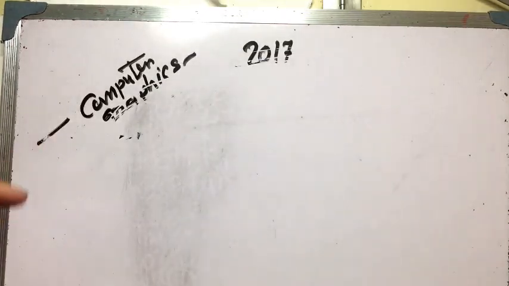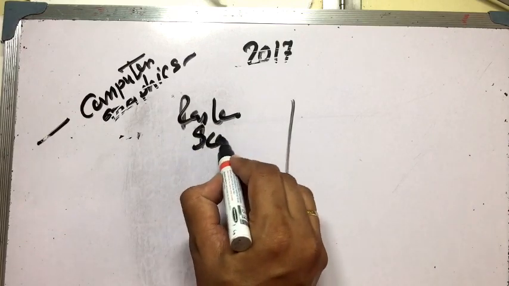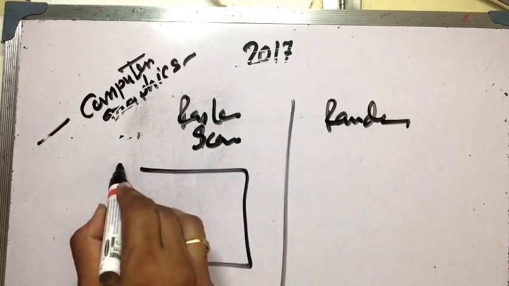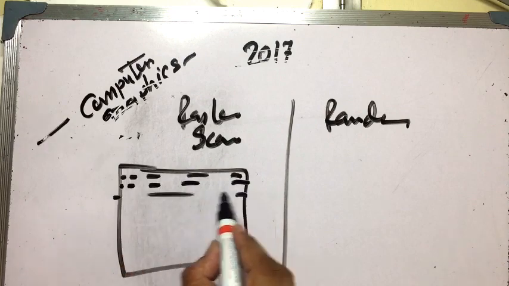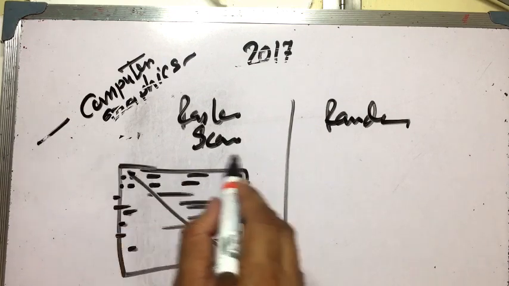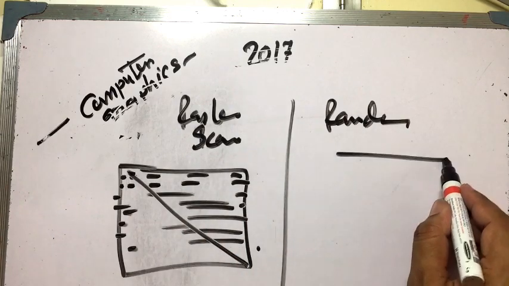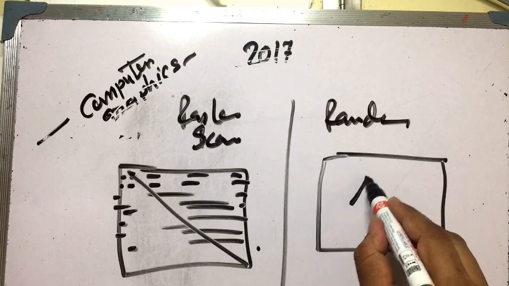There is a basic difference between random and raster scan display. In raster scan, we draw the picture from the starting position to the top, from the top to bottom, and then move back to the top. This is the rasterization technique. In random scan display, when we want to draw a picture, we can directly draw it from this position to this.